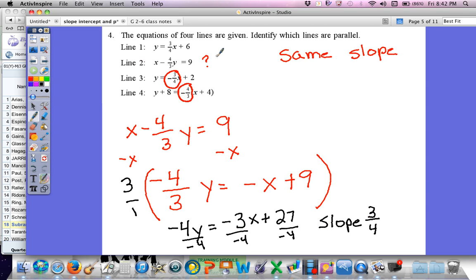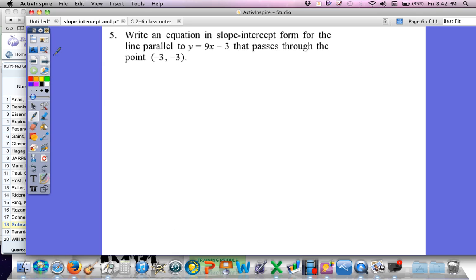So line 2 actually has a slope of 3/4, which means that line 1 and line 2, and I can use the parallel line symbol, are parallel. It also tells me that negative 4/3, that line 4 would be perpendicular to line 1 and line 2 because these have a slope of 3/4. The negative reciprocal is 4/3. They didn't ask for that in the problem, but I do want to point that out to you.